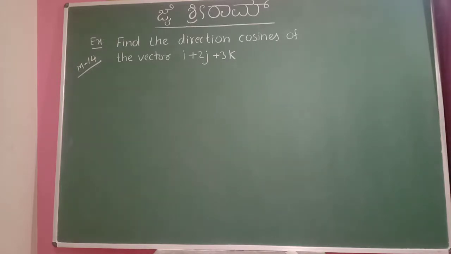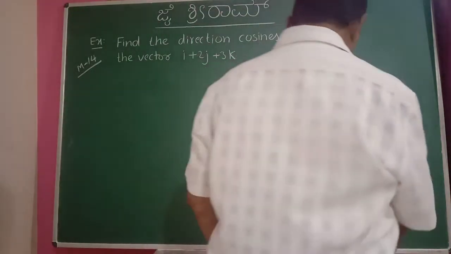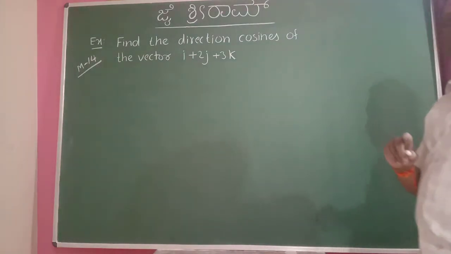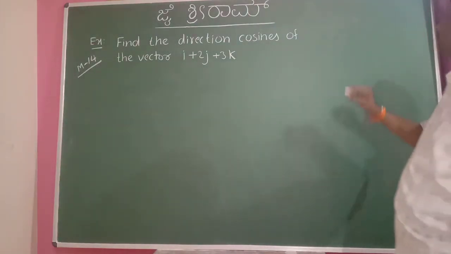Find the direction cosines of the vector i plus 2j plus 3k. You know that the direction cosines are cos alpha, cos beta and cos gamma.